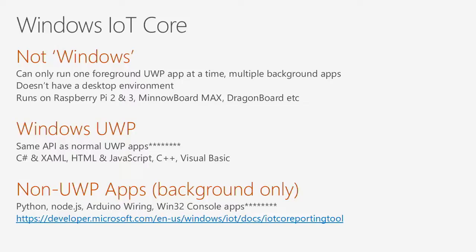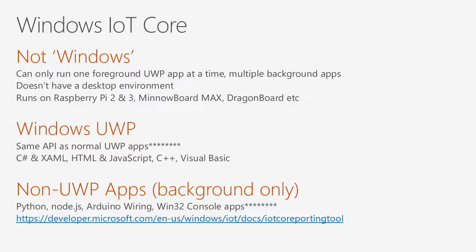It runs on the Raspberry Pi 2 and 3 and Minnow board, and also the Qualcomm Dragonboard, which is the same board that you get with the Google Brillo operating system, I believe, which just made it like an instant buy for me. So I bought two, haven't done anything with them. And as I said just now, it runs Windows UWP apps.